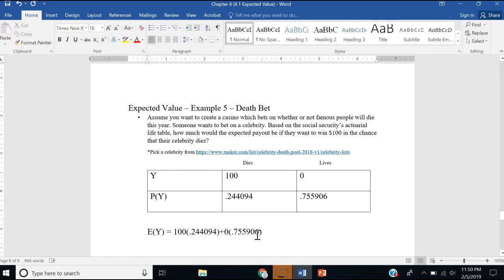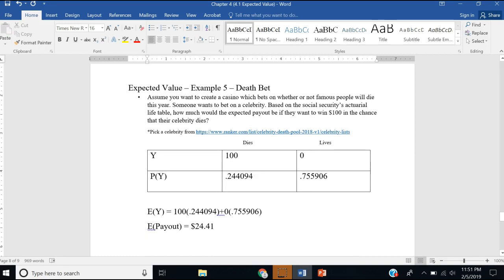So when I multiply, and again, I'm just plugging that into my calculator, I got that the expected payout, the theoretical average, was $24 and 41 cents.